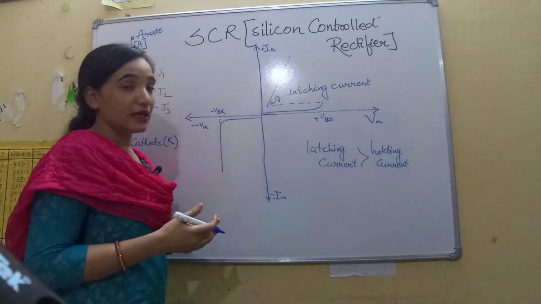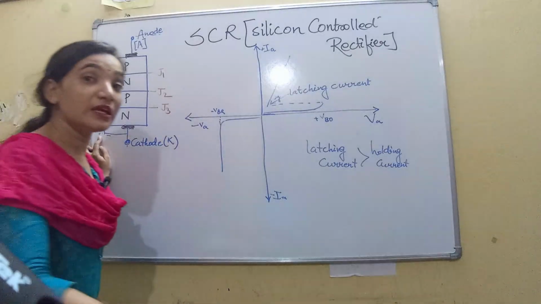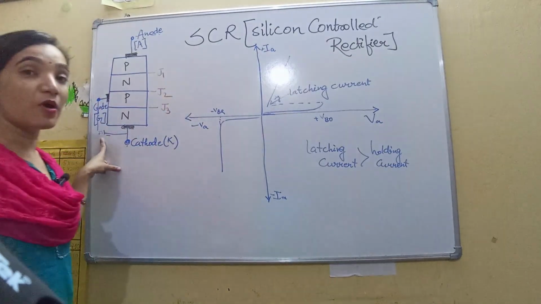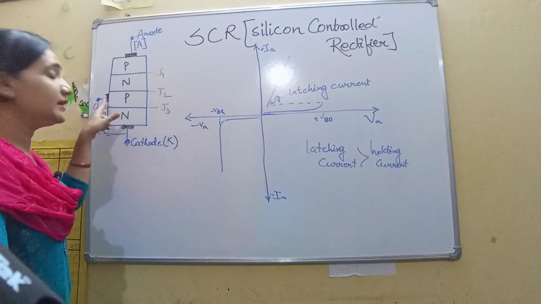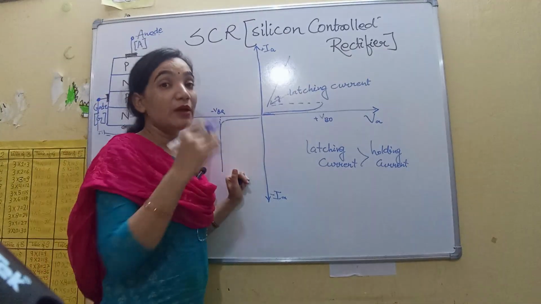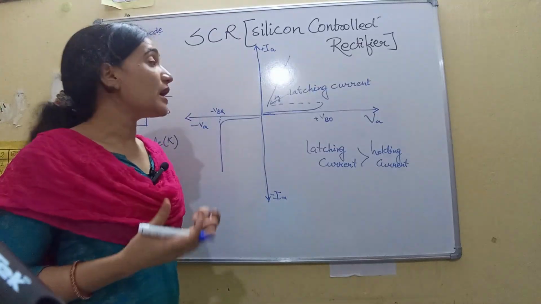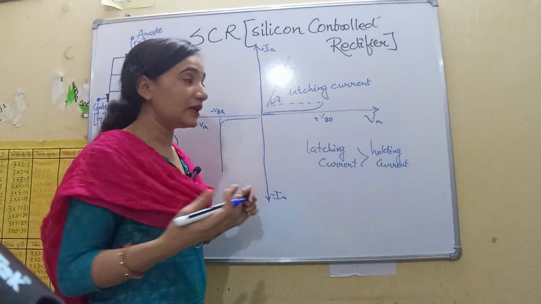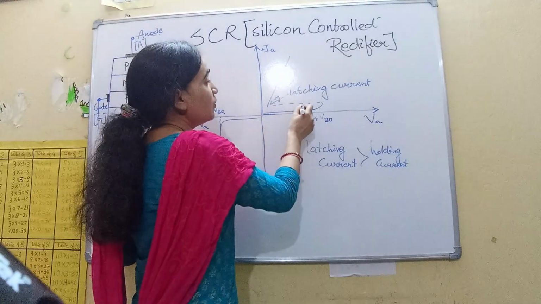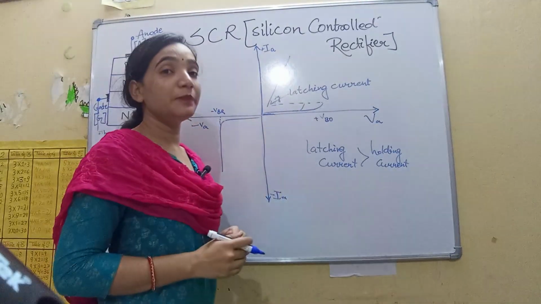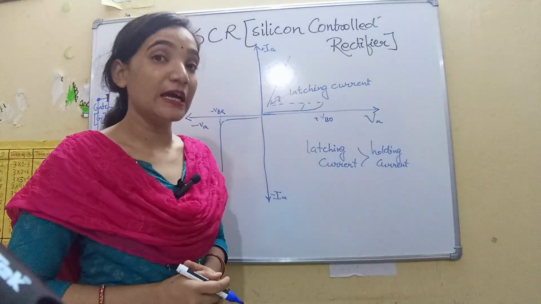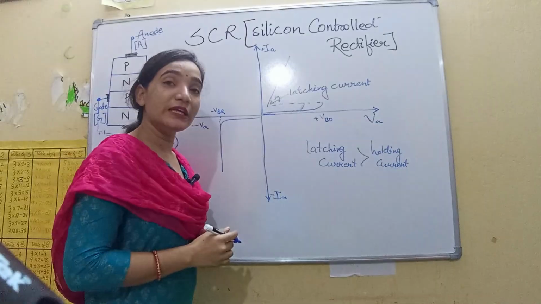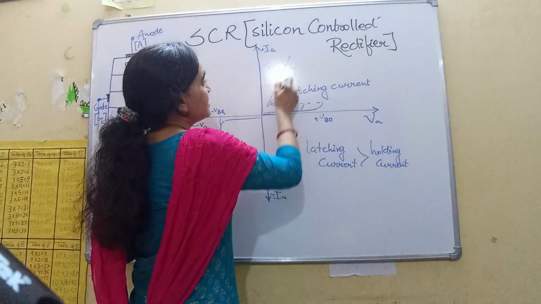Now, if we increase the positive voltage at the gate, what happens? Our Ig is more. When the gate current is more, we will find the breakover voltage of the SCR earlier, and again it will start to conduct.